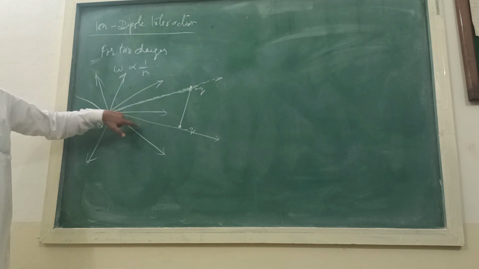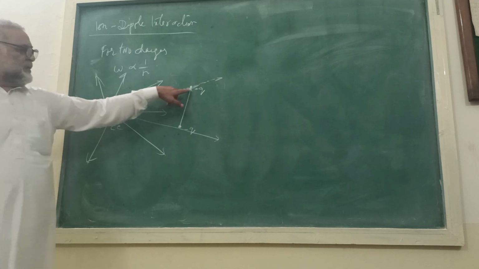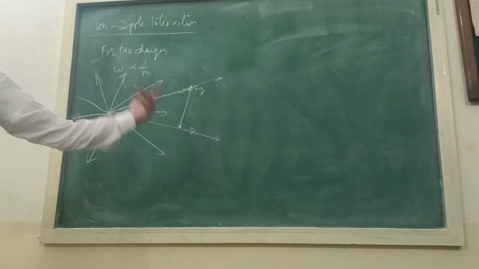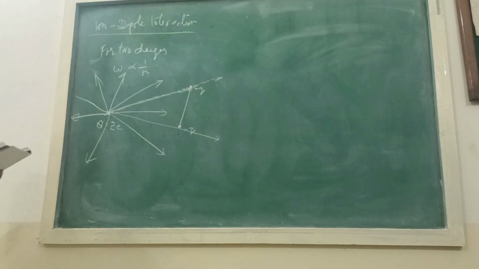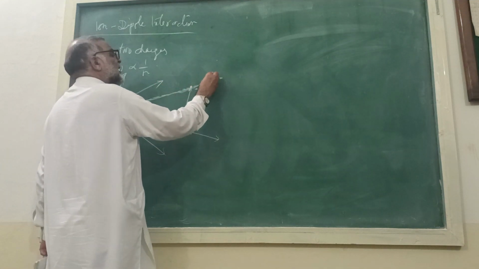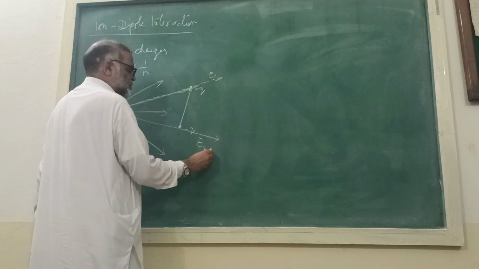The interaction energy between this charge and this charge, plus the interaction energy between this charge and that one, equals the interaction energy of this whole system. Do you understand? So this is the electric field here, and that is the electric field. I will call it E1 or E2.